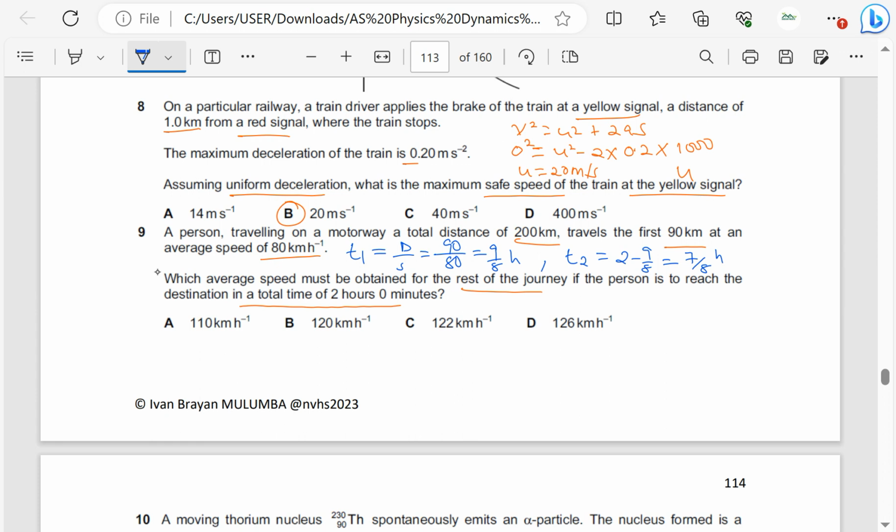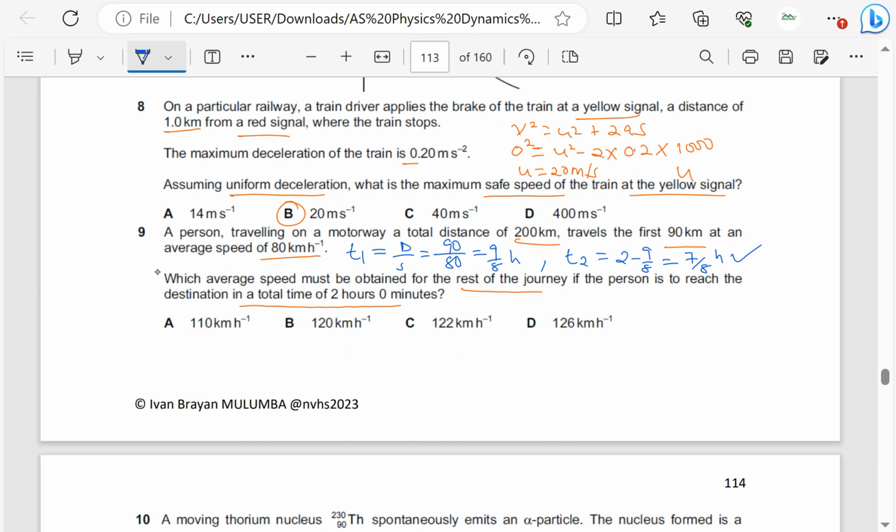We want to find which average speed must be obtained for the rest of the journey if the person is to reach the destination in a total time of 2 hours. For the rest of the journey, the time it is going to take is 7/8 hours. And what is the distance here?